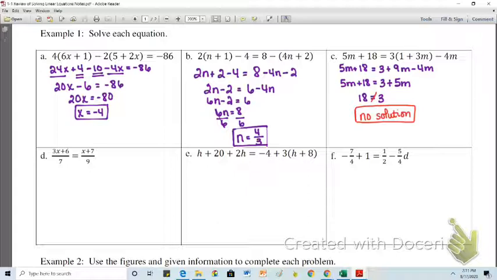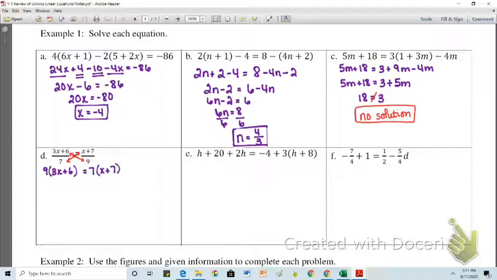Moving on to question D. This is a proportion. Two ratios that are equal to each other is a proportion. So to solve this, we are going to cross multiply. So we have 9 times (3x plus 6) equals 7 times (x plus 7).